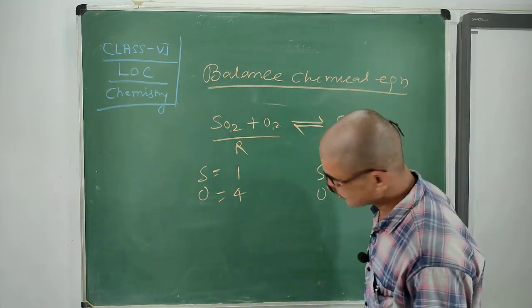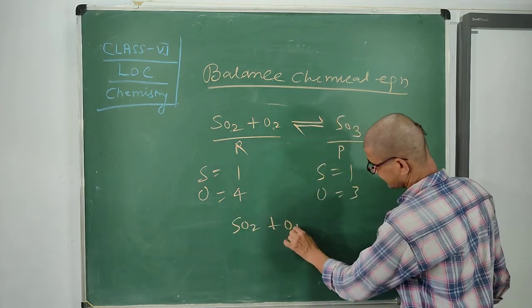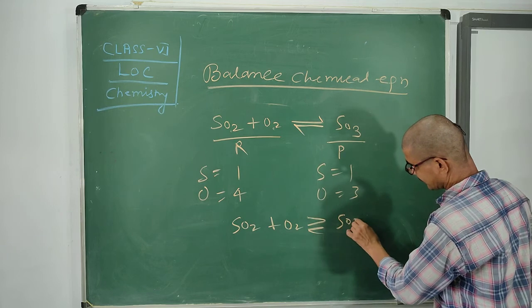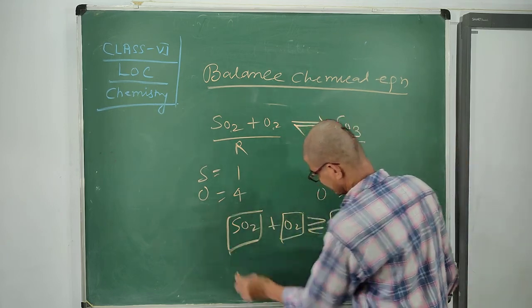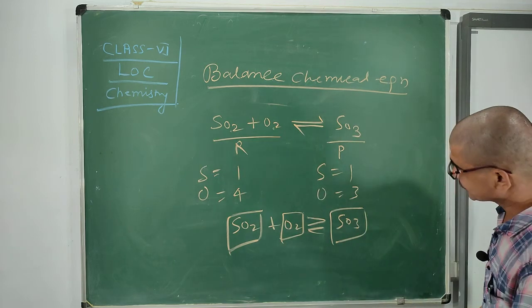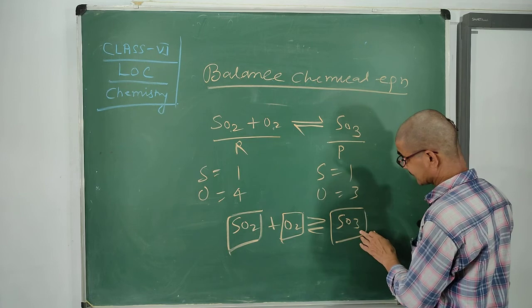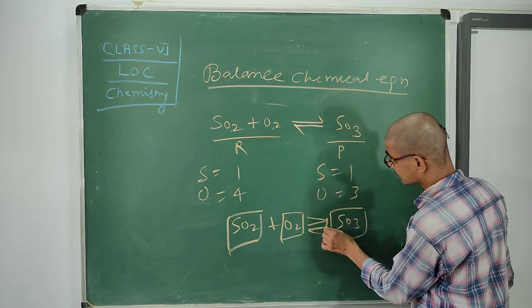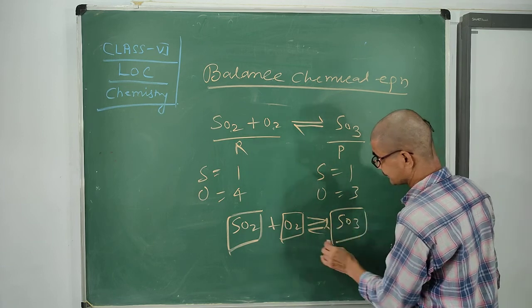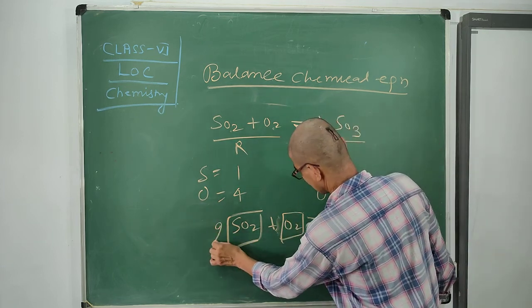But how can you balance it? To balance the chemical equation, again write down the reaction here to form sulfur trioxide. How many oxygen atoms are here? 2 times 2 is 4. But here 3. So we must write 2, 3 times 2 is 6.